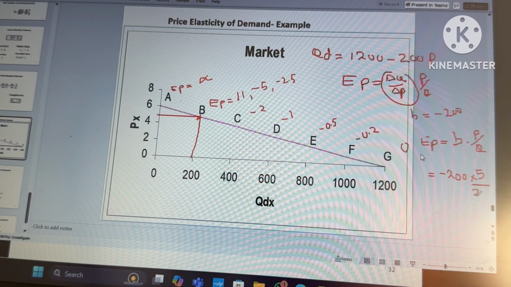The 200 cancels out, and the remaining answer is minus 5.